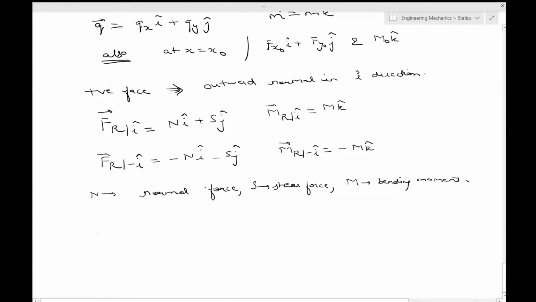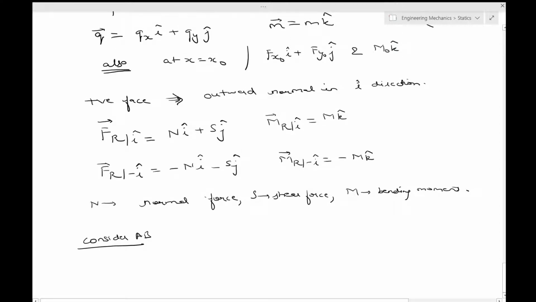So consider AB of the bar in which no external force or moment act.